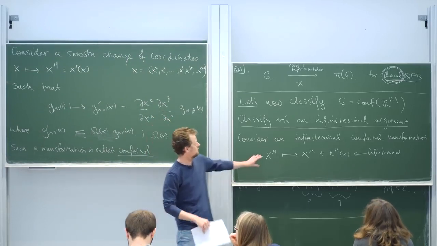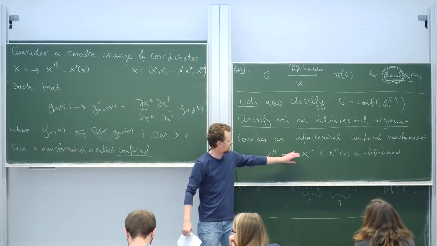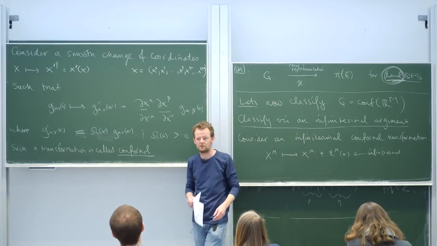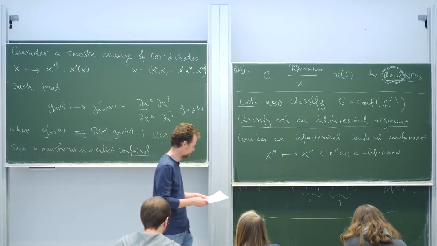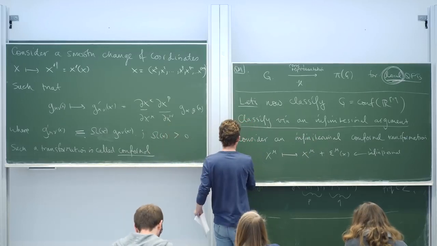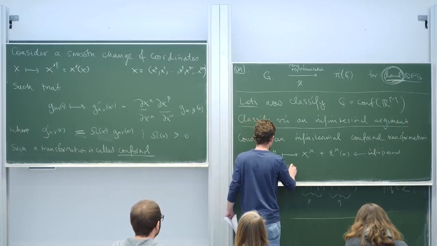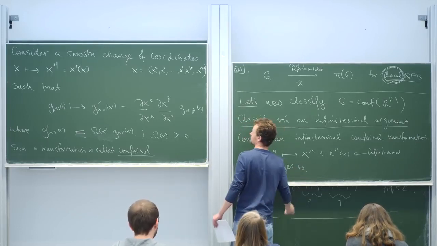So we're going to express this change of the metric in the new coordinate system and ask, what does it mean for this metric to be left invariant up to a scale?